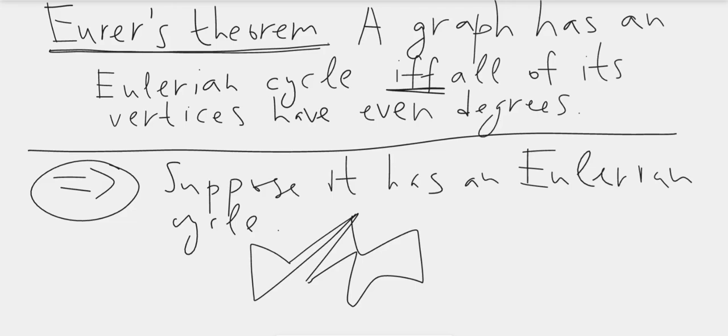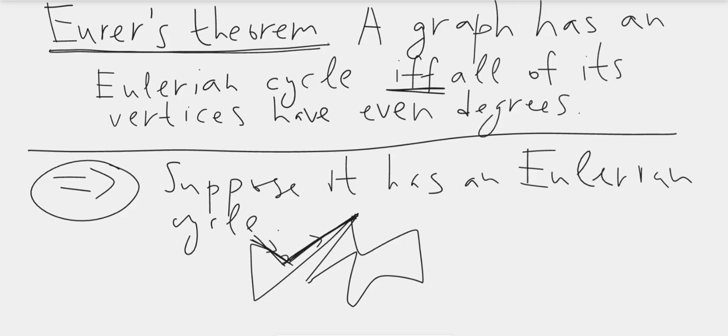We notice that when we go through this cycle and come to a vertex, we need to go away from this vertex by another edge, because the edges do not repeat. The Eulerian cycle passes through each edge exactly once. So when we come to a vertex, we must exit from this vertex.